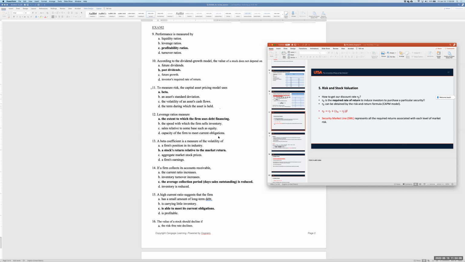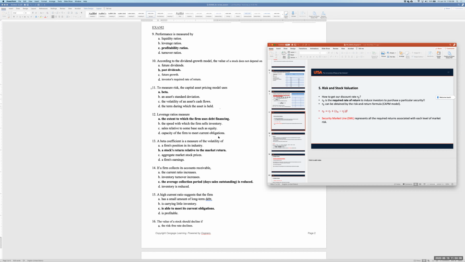The leverage ratio measures the extent to which the firm uses debt financing, the speed with which the firm sells inventory, sales relative to some base such as equity, capacity of the firm to meet current obligations. So the leverage ratio basically measures the debt financing, right?